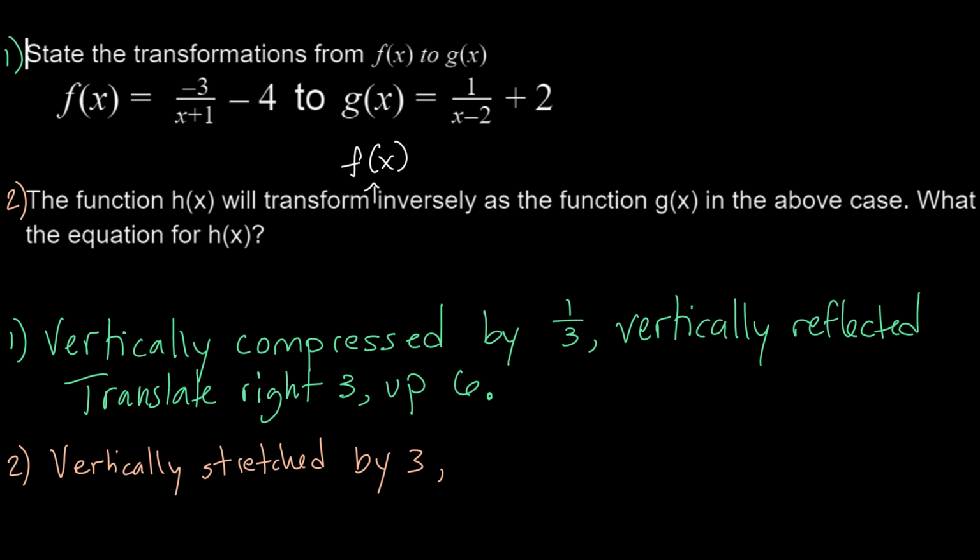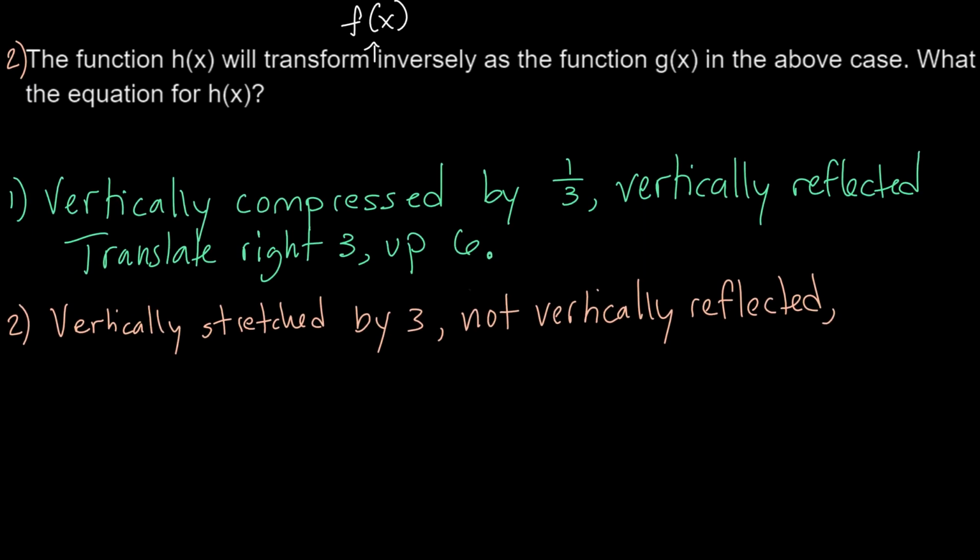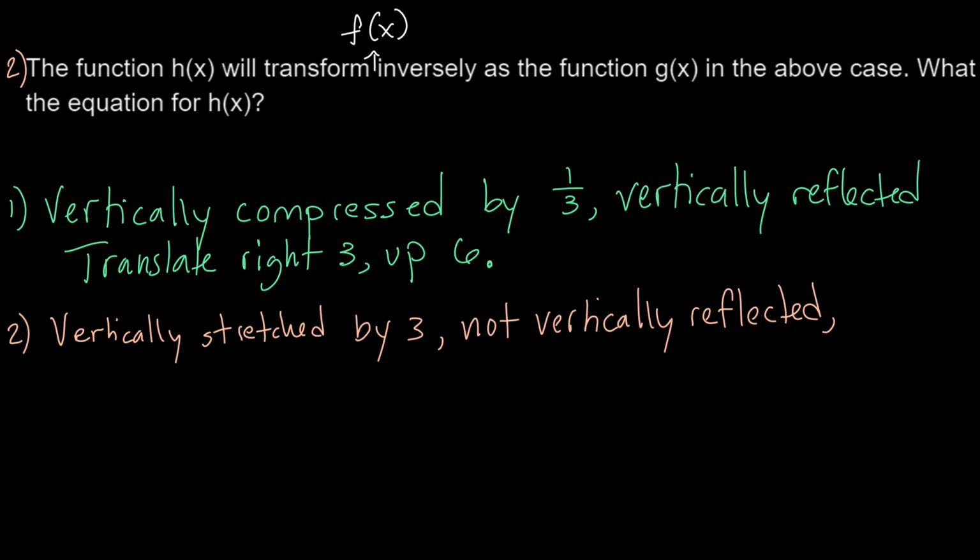So not vertically reflected. Then translate right 3. What's the opposite of that? Left 3. And up 6? Good.